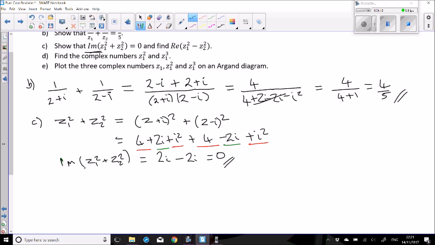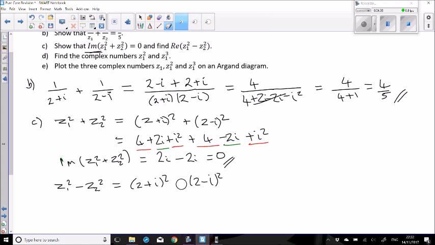Then they want us to find the real part of z1 squared minus z2 squared. So now I'm taking the two things I've got here, except this time, instead of adding them, I am subtracting them. So that's going to expand to the same as before, plus, but this time I'm going to subtract that one.